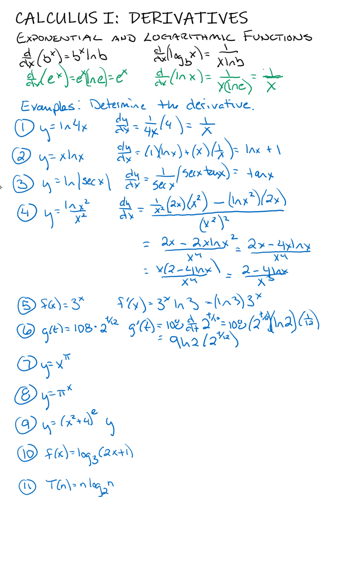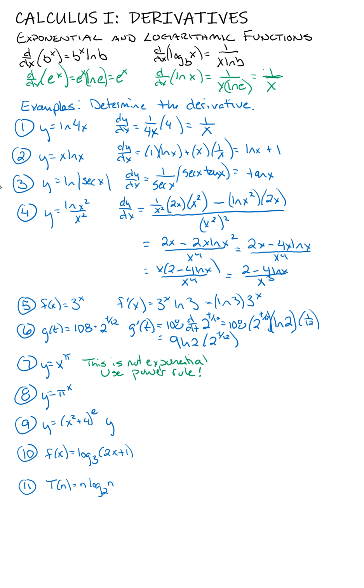So this is not exponential. My variable is not in the exponent. So in this case, we simply need to use the power rule. I don't need to use that exponential rule.